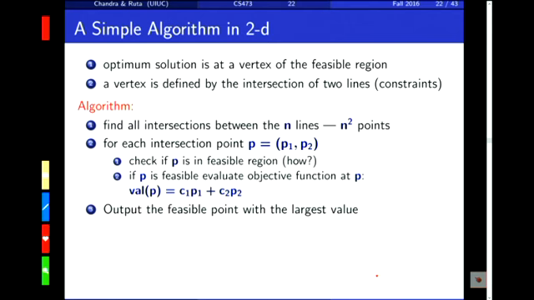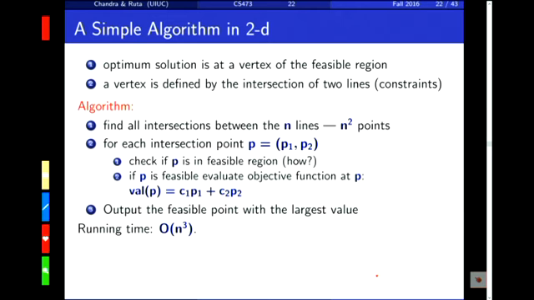So this is an order n cube time algorithm, because checking the feasibility of a vertex may take order n time: for every constraint you have to check whether the vertex satisfies it, and there are n constraints.